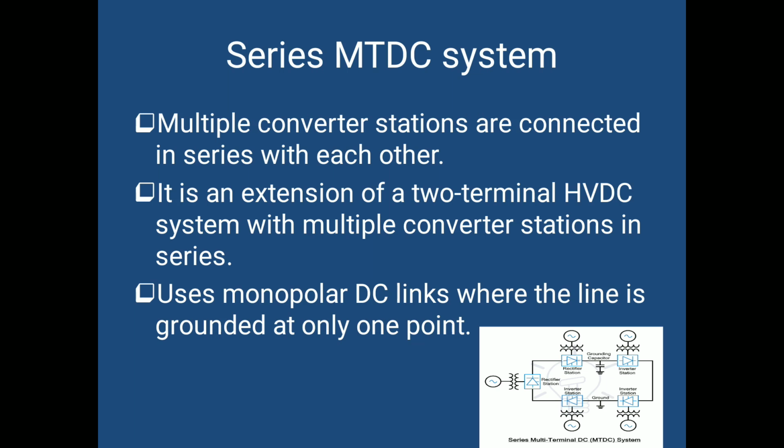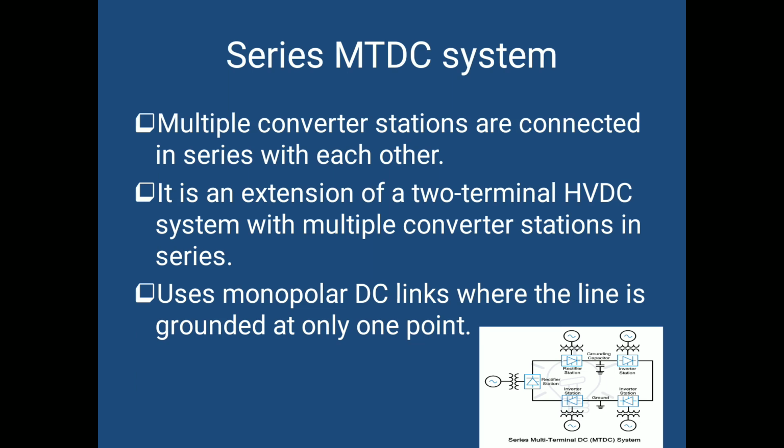In this type, multiple converter stations are connected in series with each other. Just like in a series circuit, the current flowing through each of the converter stations remains the same, which is set by one station, while the voltage drop may be divided among the converter stations. It is an extension of the two-terminal HVDC system with multiple converter stations in series, as shown in the diagram.